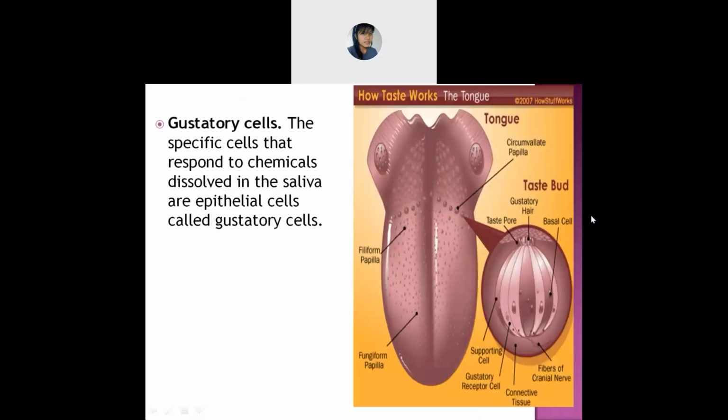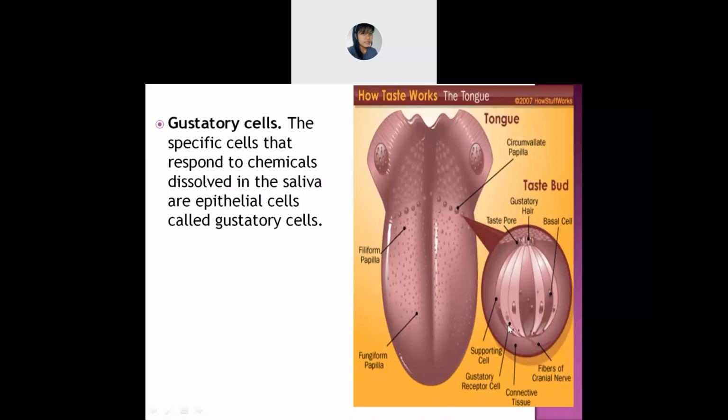Okay, next is gustatory cells. You will find the gustatory cells here, right? What is the purpose of these gustatory cells?